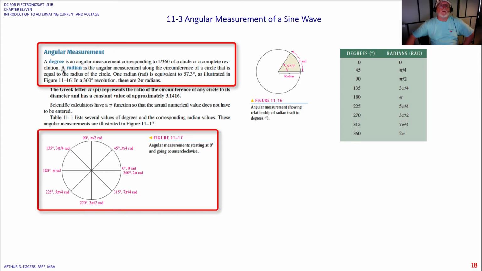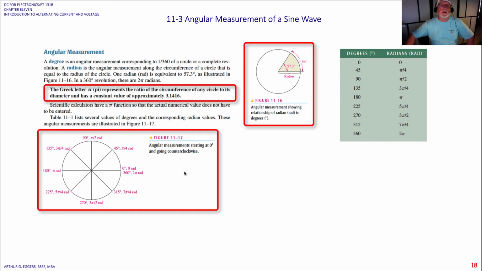A radian is an angular measurement along the circumference of a circle, or a segment, if you will, if we only go part way around the circumference, that is equal to the radius of the circle. 1 radian is defined as 57.3 degrees, as shown in the diagram. In a 360 degree revolution, there are 2 pi radians. So we go from 0 to pi all the way back around to 2 pi.